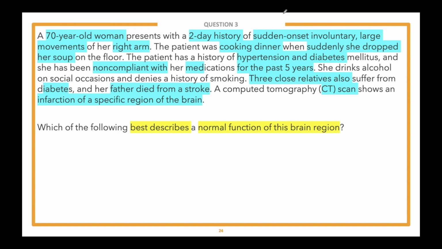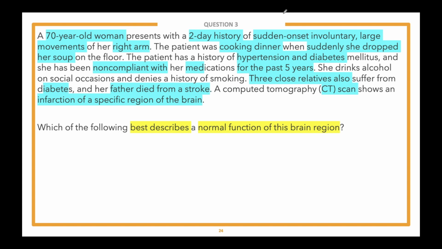They give us more medical history, and then they tell us whether she's been compliant or not. So they're probably getting at something there. Anytime they give you that added information, always be curious as to why they're telling you that. They give us some family history, and then they give us some imaging results as well, showing an infarct of a brain region. So, how many steps is this question?